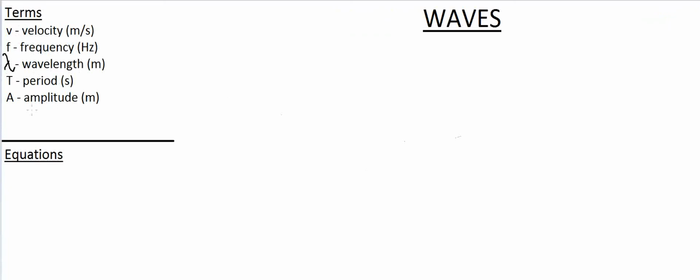T is the period. What this means is that, let's say the period is 1/3 second, then a source emits a wave, and 1/3 second later, the source will emit the second wave, and 1/3 second after that, it will emit the third wave.